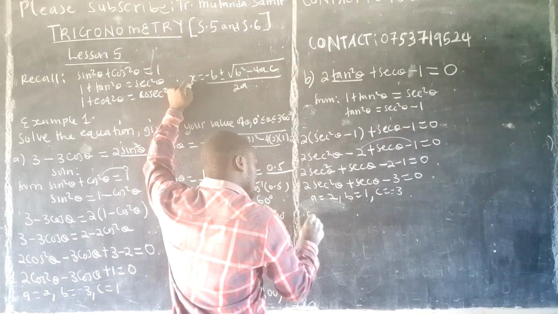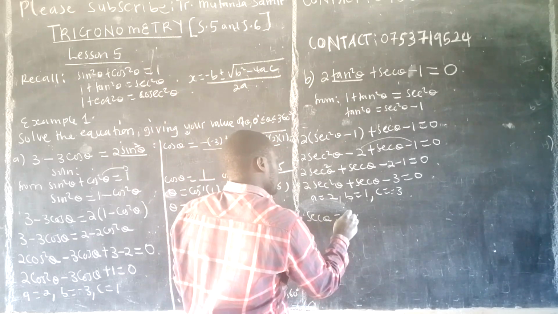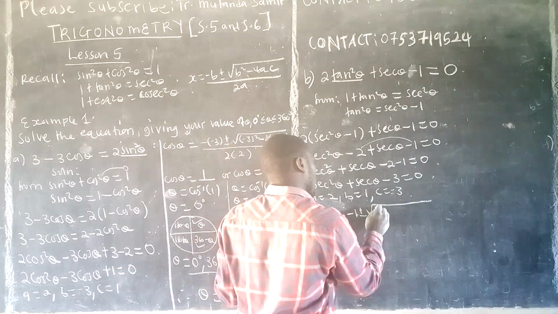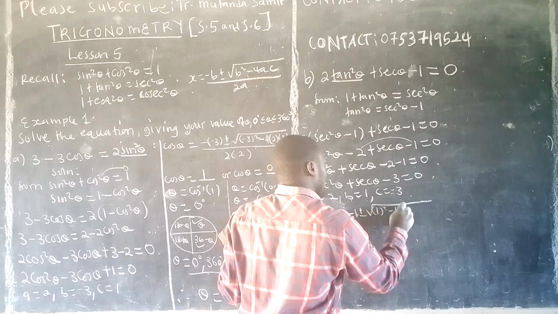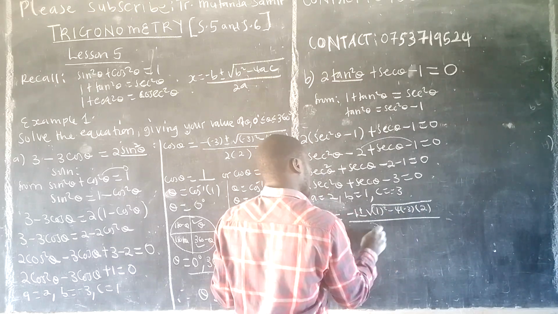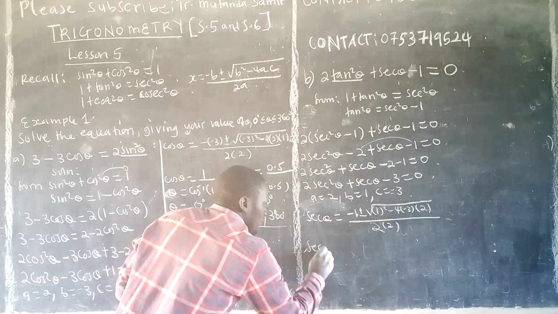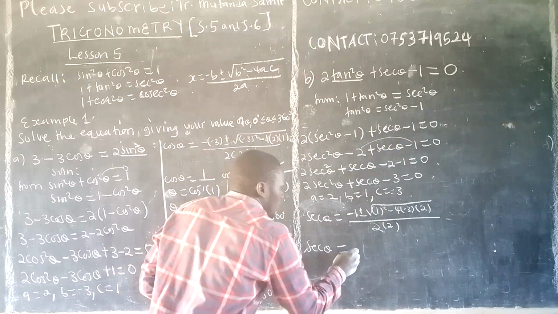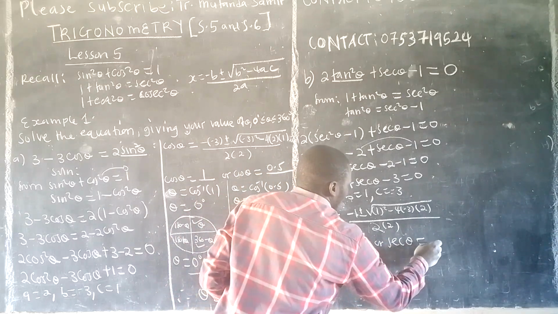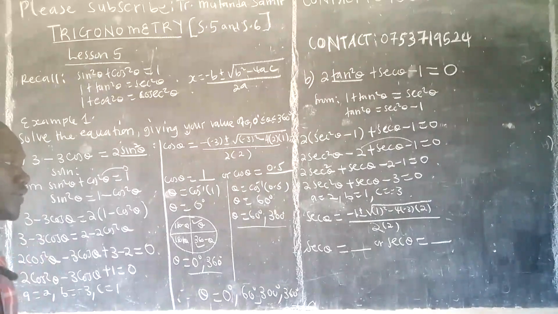So we shall say that sec theta will be equal to negative 1 plus or minus the square root of 1 squared minus 4 into negative 3 into 2, then over 2 into 2. So you can use your calculator to solve. Sec theta will either equal a value there, or sec theta will equal another value there. Use your calculator to get that answer.